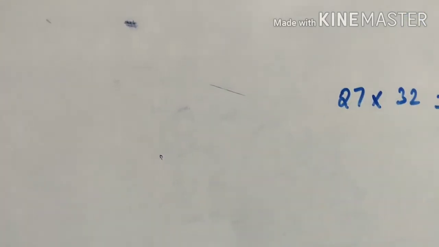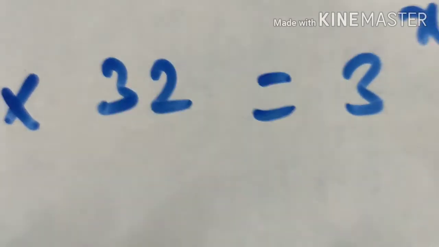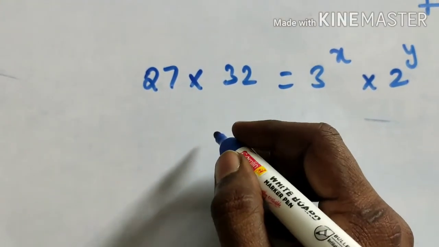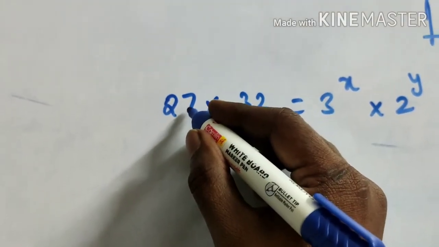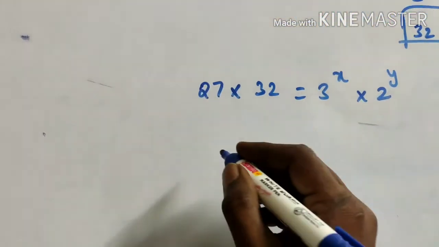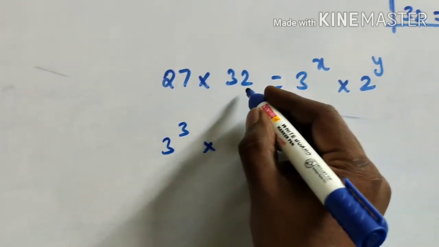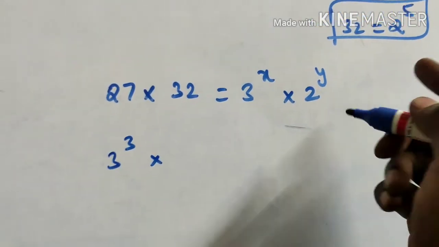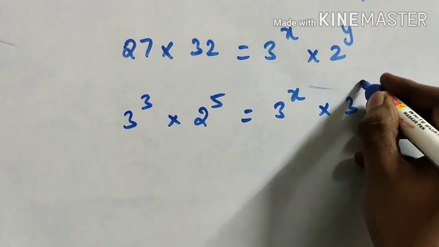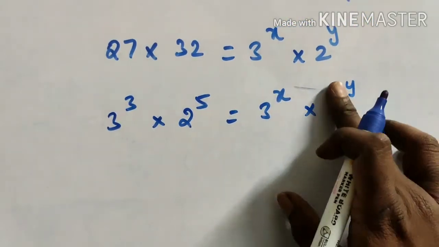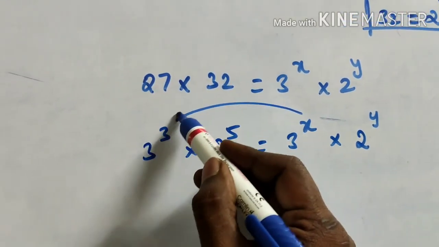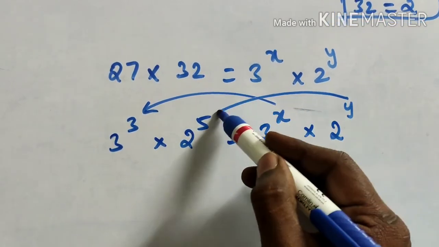Now 27, instead of 27 I am going to write 3 power 3 into, instead of 32 I am going to write 2 power 5, equal to 3 power x into 2 power y. Now you can equate the powers. x is equal to 3 and y is equal to 5. That's all.